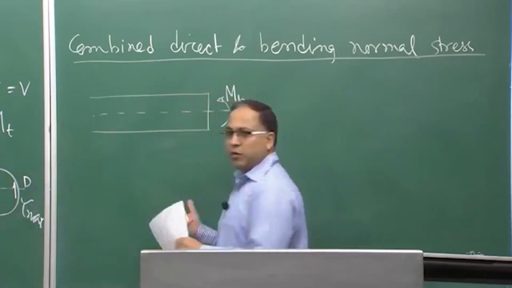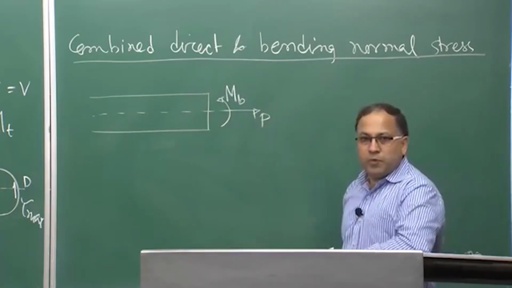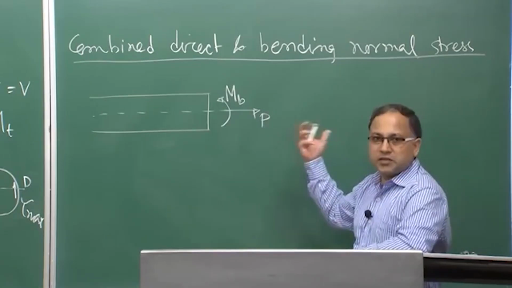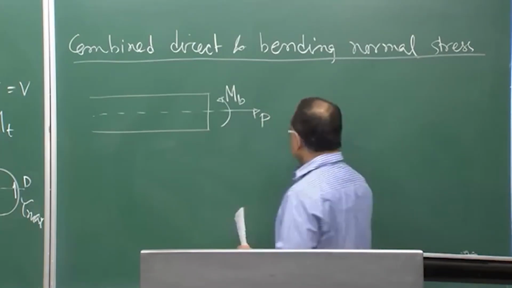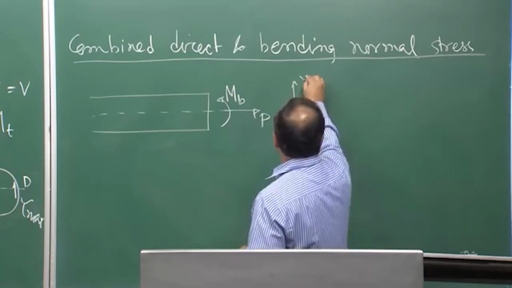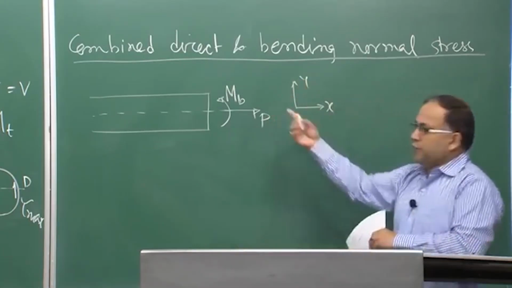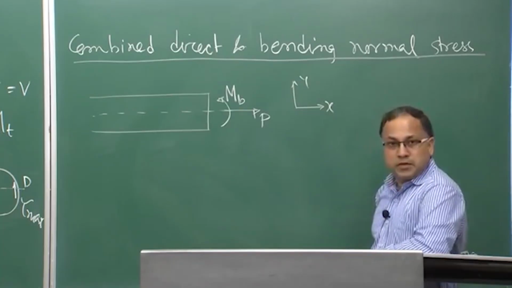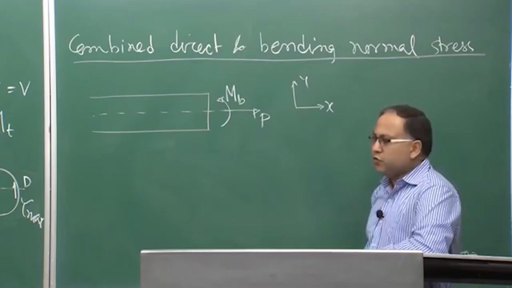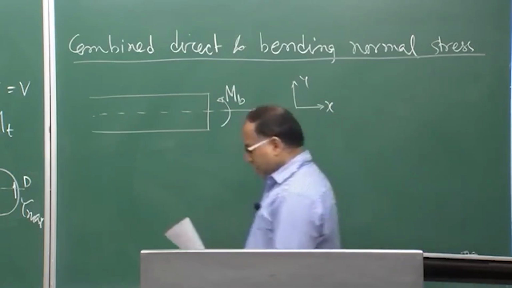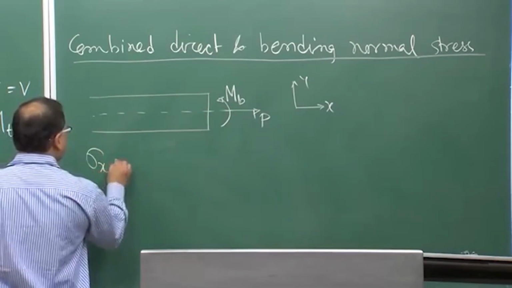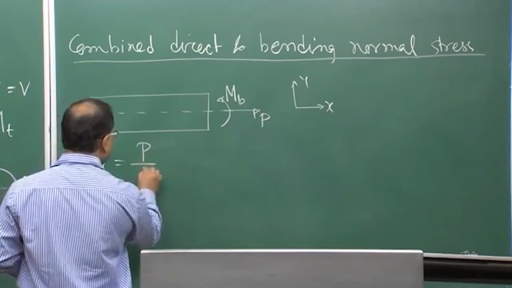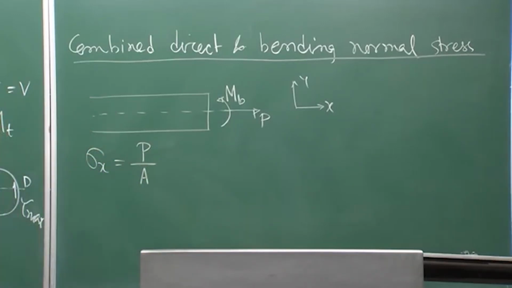And as you know from the earlier discussion, if you apply a bending moment, it will create only normal stress in this direction. This is my x, if I define this as my x direction. So, in the x direction P will be developing some normal stress as well as MB, that bending moment will also be developing some normal stress. If you combine these two, sigma x will be, if the cross sectional area is A, P by A as the direct normal stress.